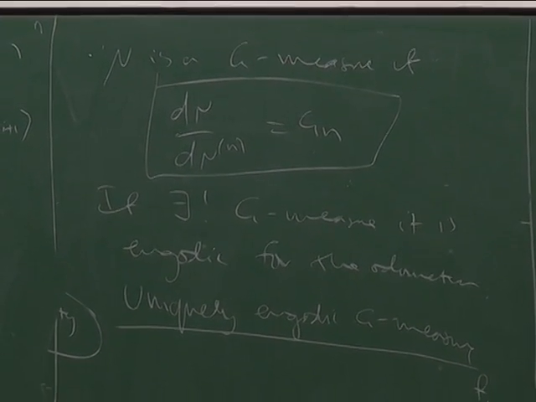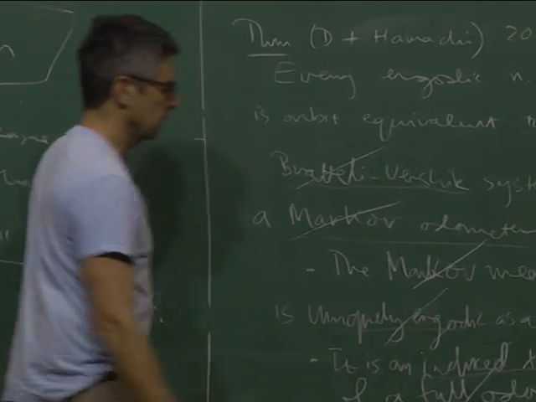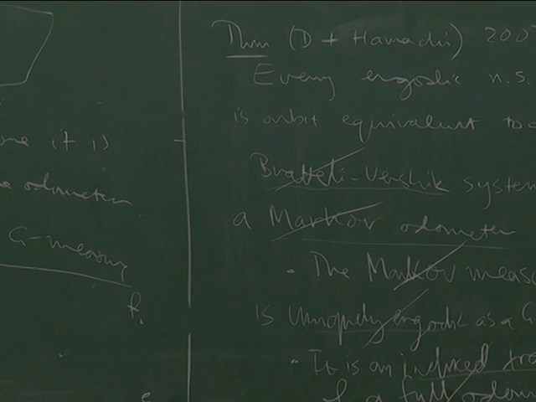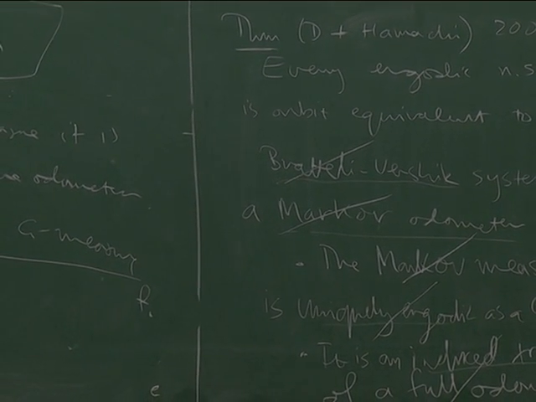And Hamachi and I showed that you can actually set up your orbit equivalence so that you get uniquely ergodic measures.